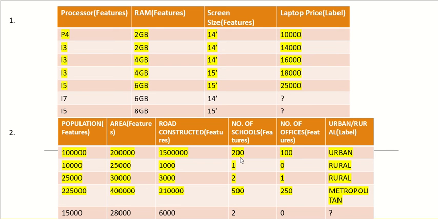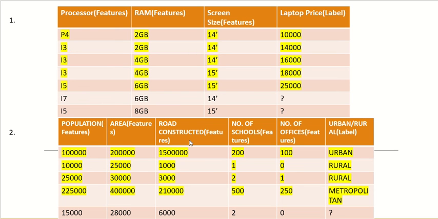Metropolitan, okay, it's a different kind of group. It'll identify this by itself, by different methods. It clusters the data into different classifications. It doesn't have the labels, it does it by itself. So basically it classifies the pairs of features into different classifications by itself. That's unsupervised learning for us.